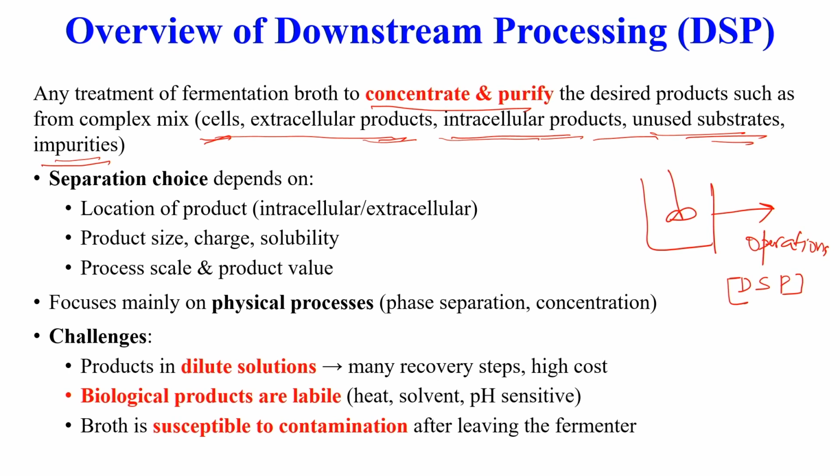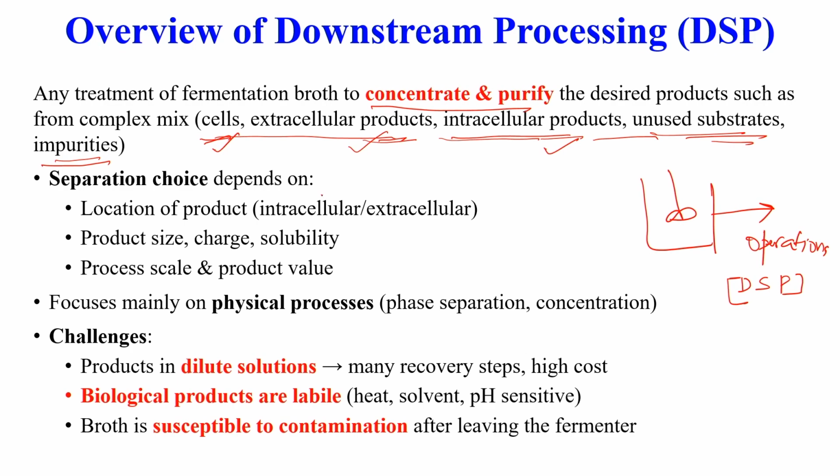Now you need to decide how to remove the other components and concentrate on your desired product, it may be the cell itself, or the extracellular product, or the intracellular product as your desired metabolite. So, accordingly you need to focus and concentrate.